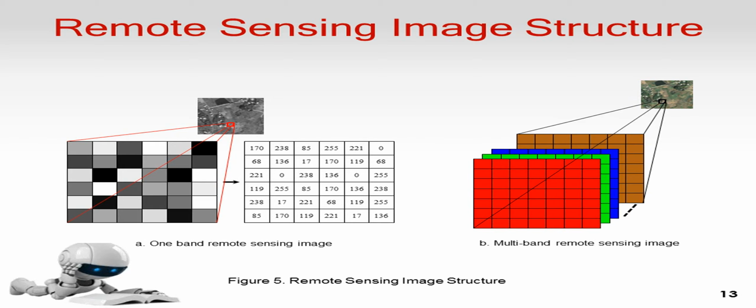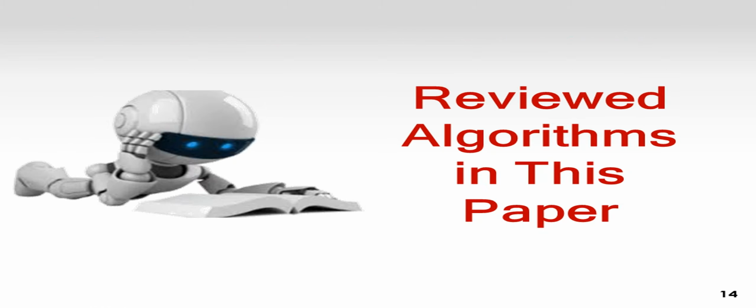The remote sensing image has 3 types of resolution. The image resolution, or digital resolution, as in digital images, depends on the number of pixels in the image and the bit depth. The spectral resolution depends on the sensor's wavelengths and spectra, and the spatial resolution is the area covered by 1 pixel.